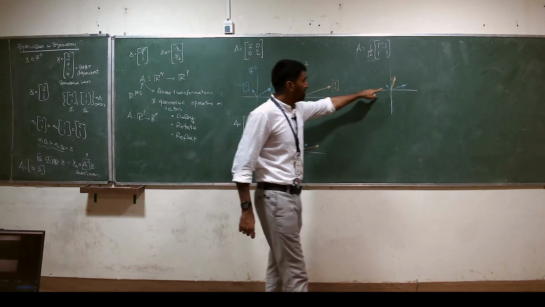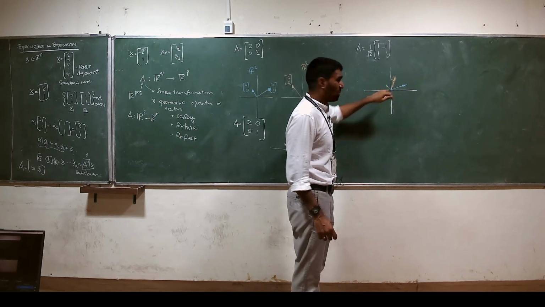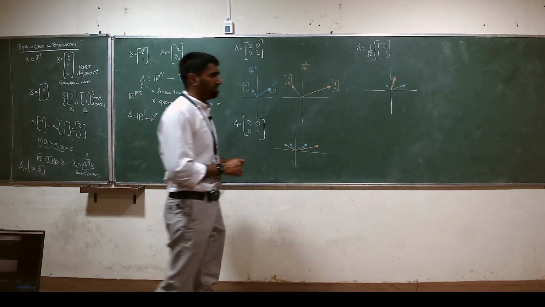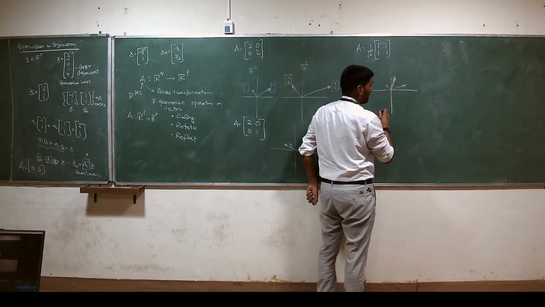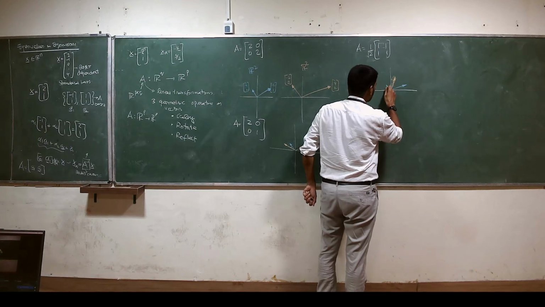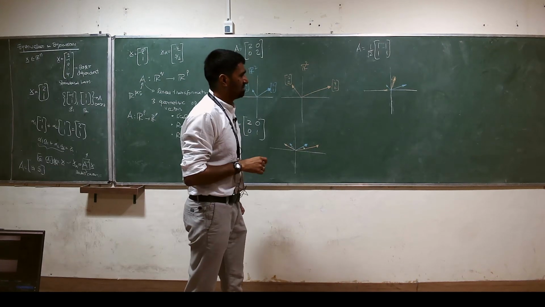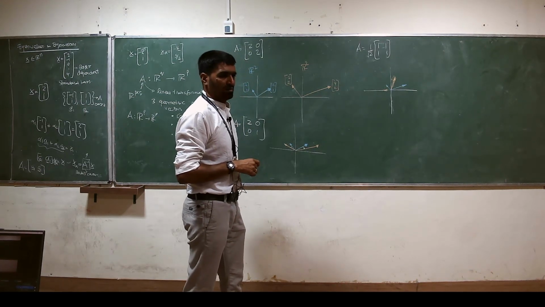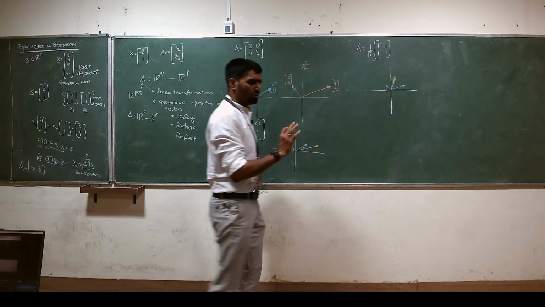And what is the 2 norm of this? Root 5. Yeah. So the length did not change. What about 1 minus 1? And it's root 2, 0, is it? Yeah. So that's this. And what is the length of this and what is the length of this? Root 2, root 2. So length did not change.